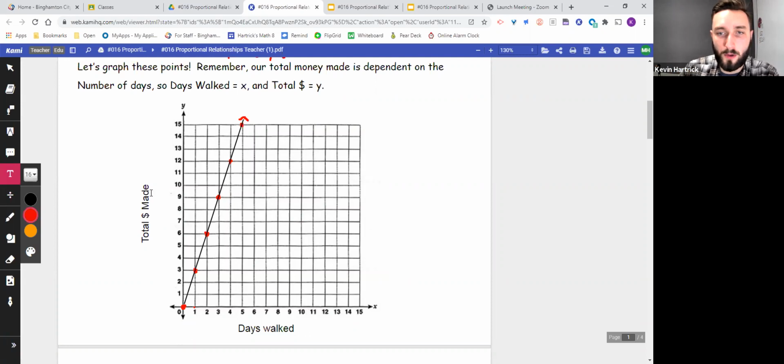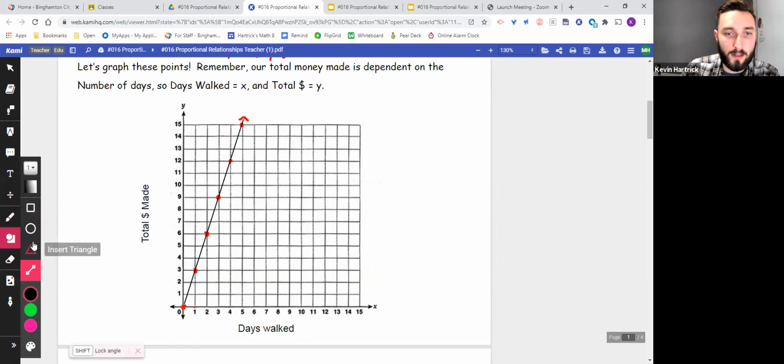So if this is total made, every time I increase a day, which would mean going right on the graph 1, I get up to $3 more. Okay, so you should start to notice this pattern here. There's a very interesting pattern that's happening. Every time I go to the right one day, I come up $3.